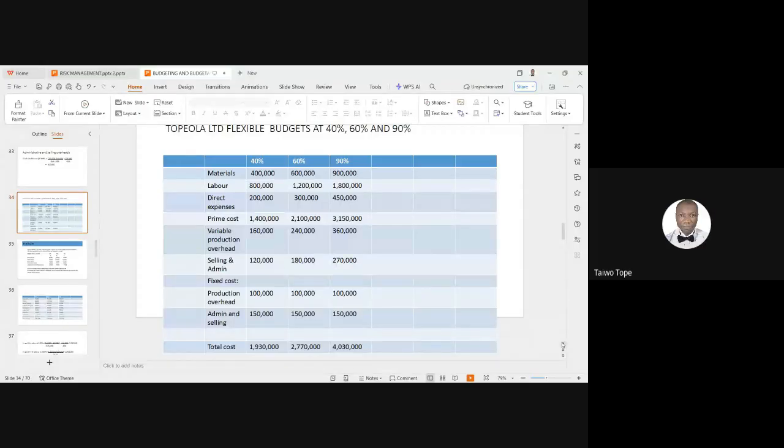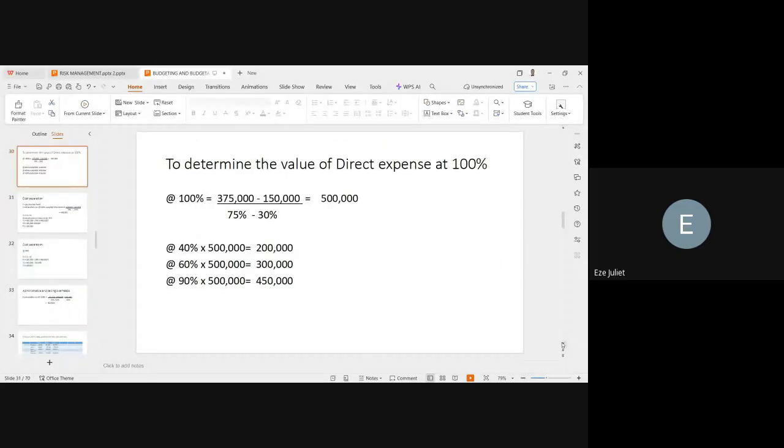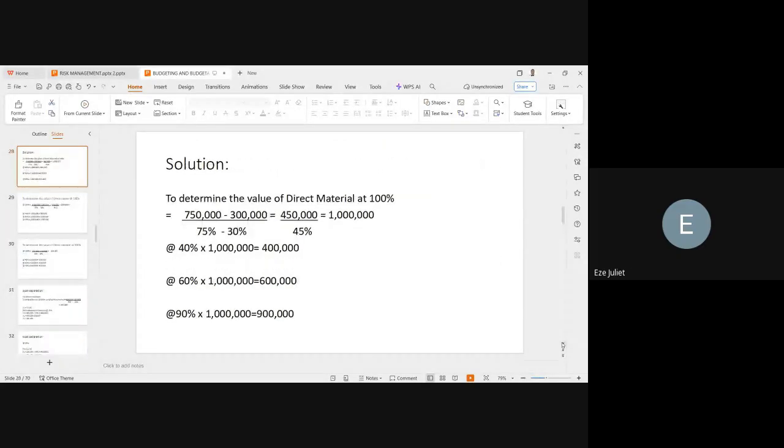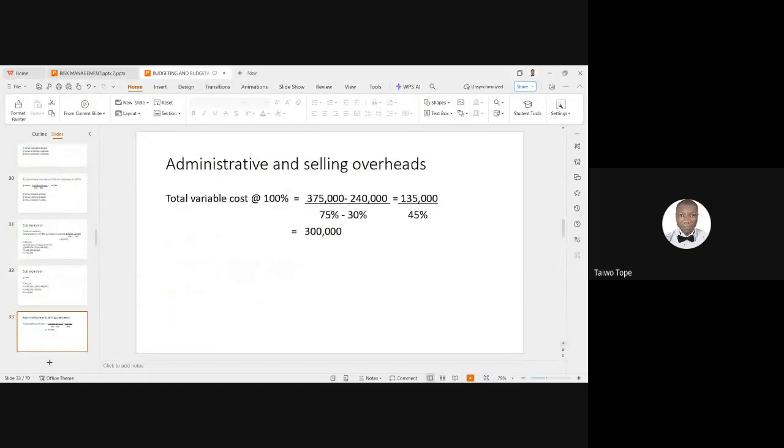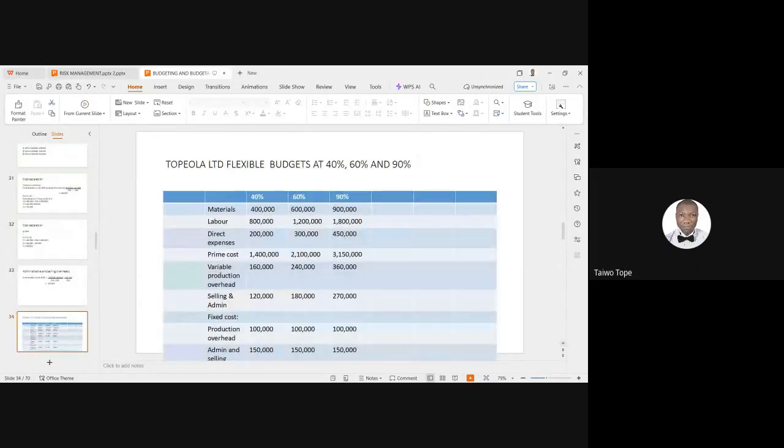We said markup is the percentage that is added to the cost of a product to determine its selling price. From the question, the markup is 40%. So at 40%, what is your total cost?